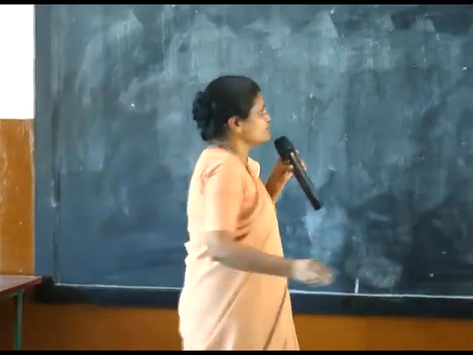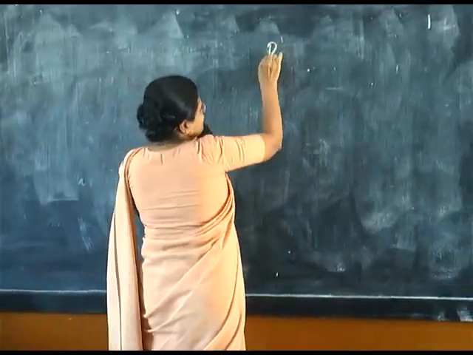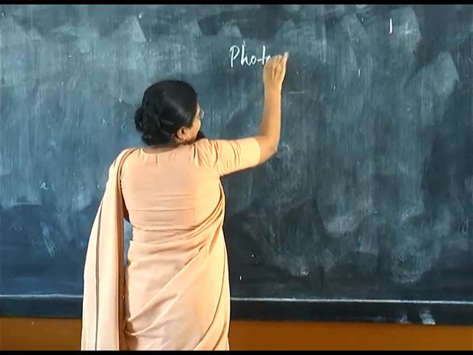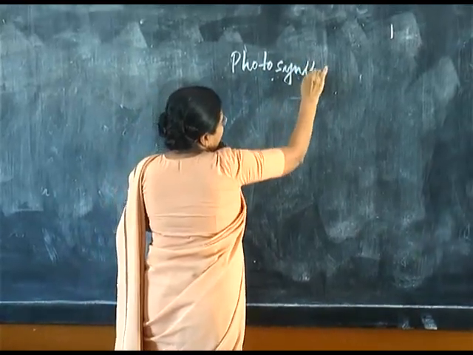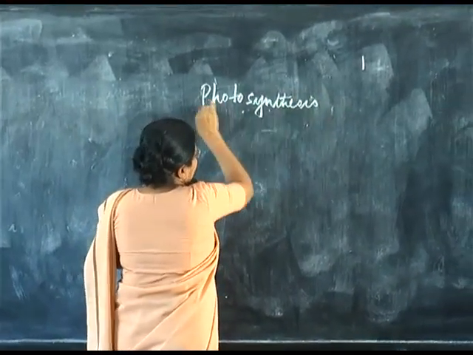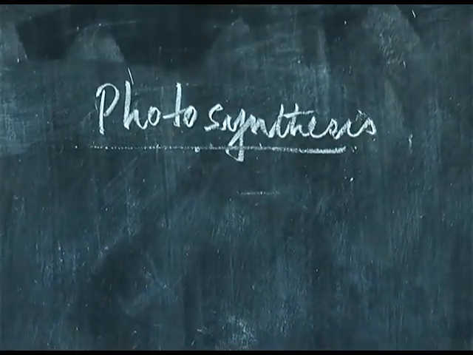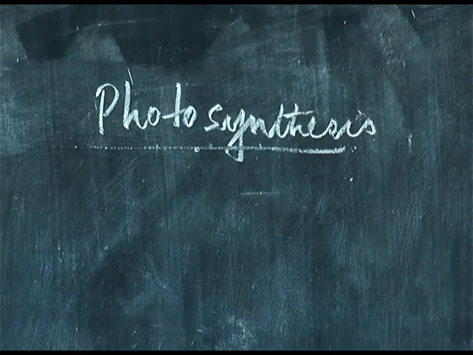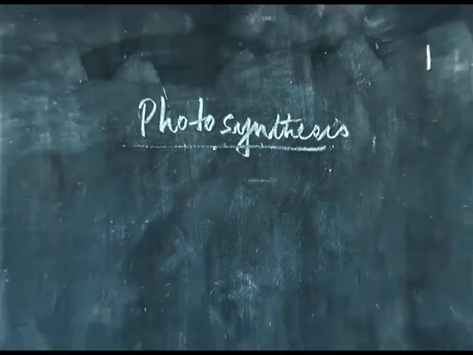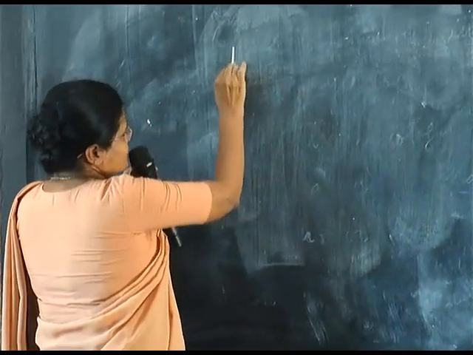So we have a chapter called photosynthesis, which is very, very important, and which you need to understand properly. Now in photosynthesis, what does the syllabus tell you? It's the class 10 syllabus. What do you have to know? Number 1, what is photosynthesis?